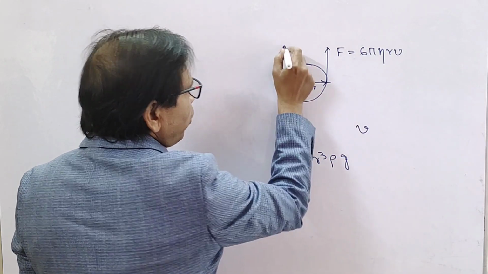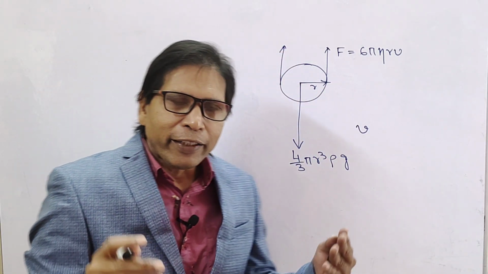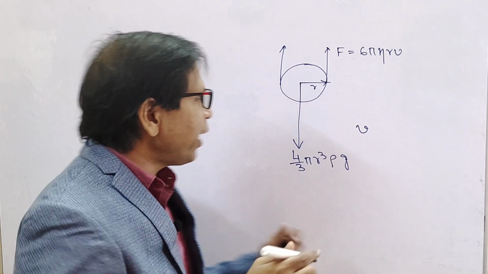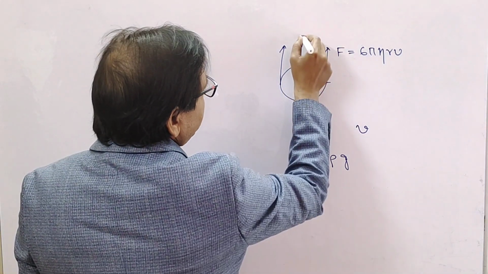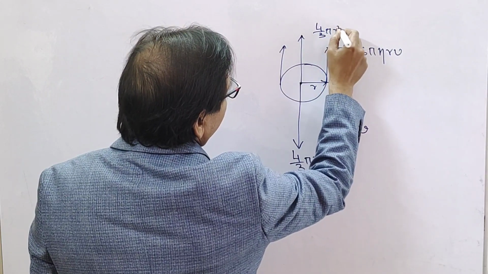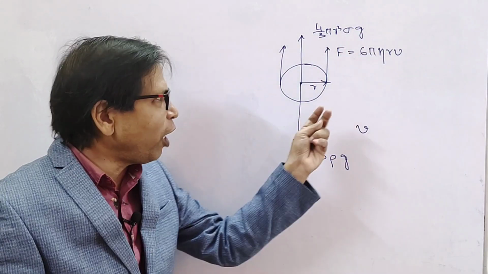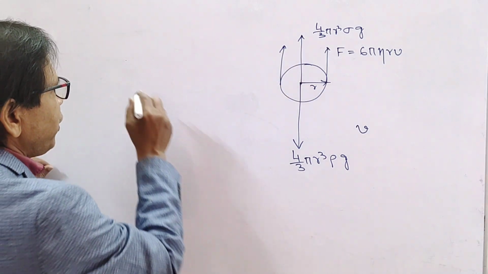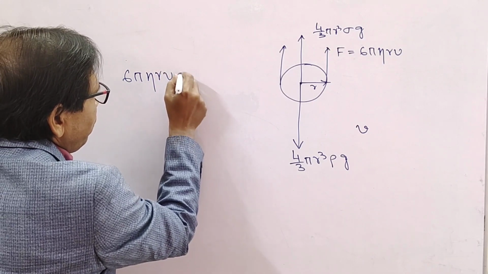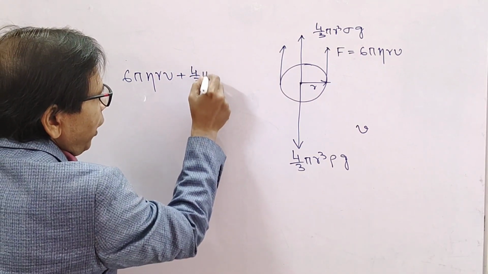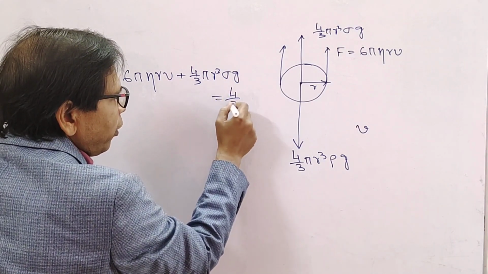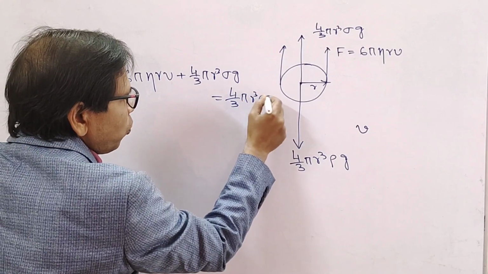Now if the density of the medium is sigma, then the upthrust acting on this body is V rho g, where V means 4/3 pi r cube, so 4/3 pi r cube sigma g. From the figure we can write 6 pi eta r v plus 4/3 pi r cube sigma g equal to 4/3 pi r cube rho g.